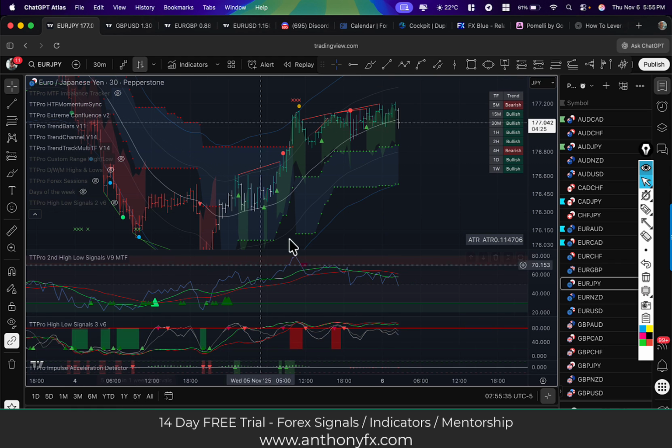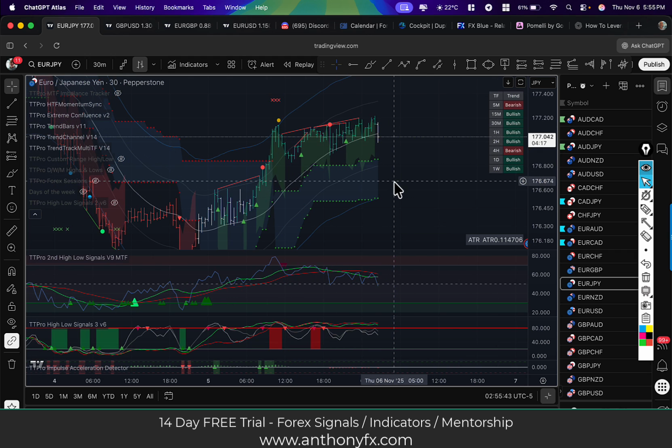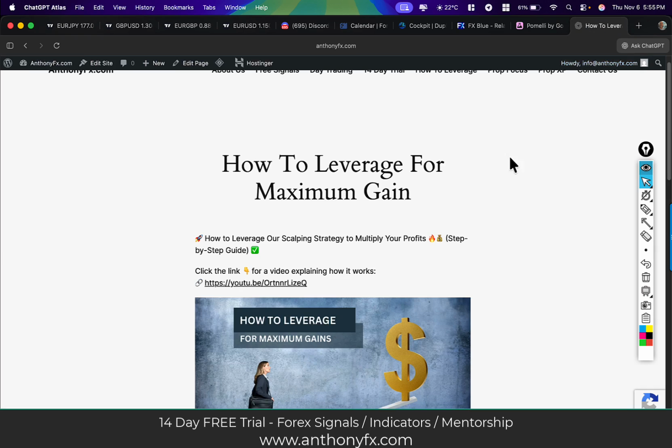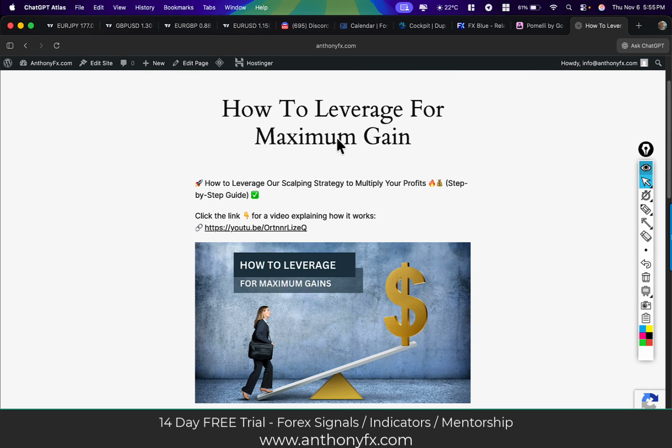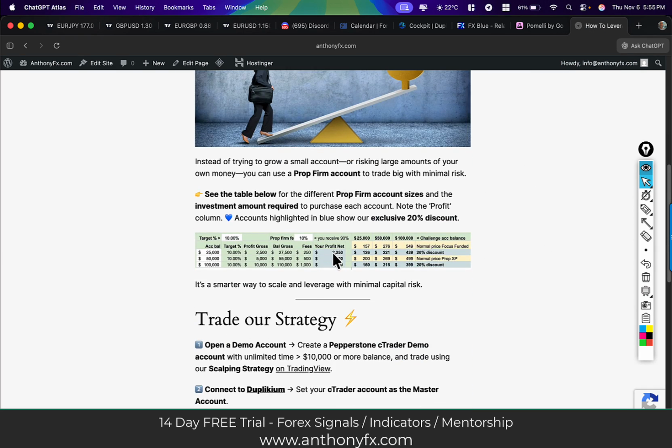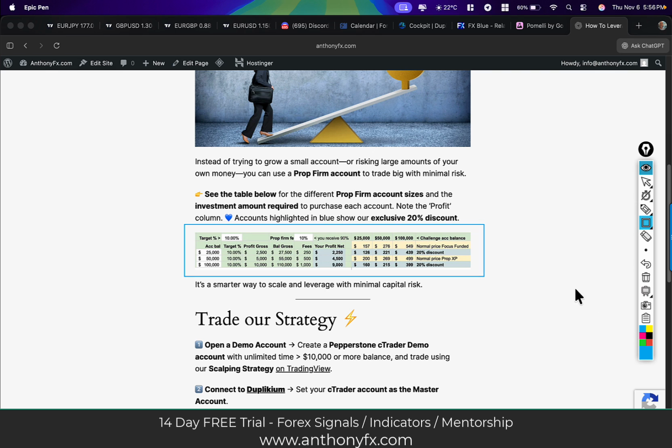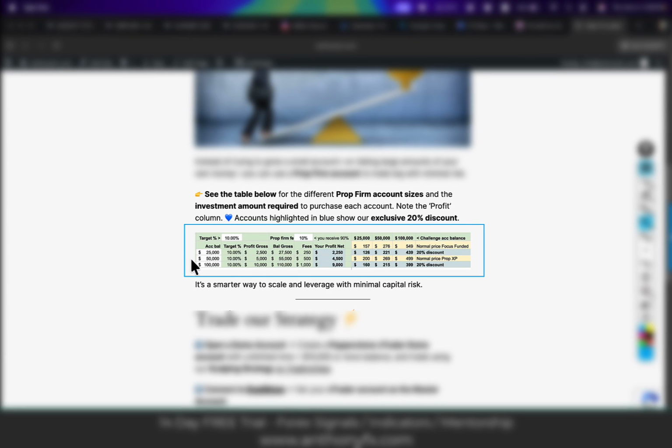I use Pepperstone cTrader as a master account here. So you can run these signals, take these trades on TradingView, and have them automatically transferred to prop firm accounts. This is leverage for maximum gain, guys. Look, just cast your eyes on this. It's an absolute no-brainer. Have a look at that here, it's on my website, the leverage page.